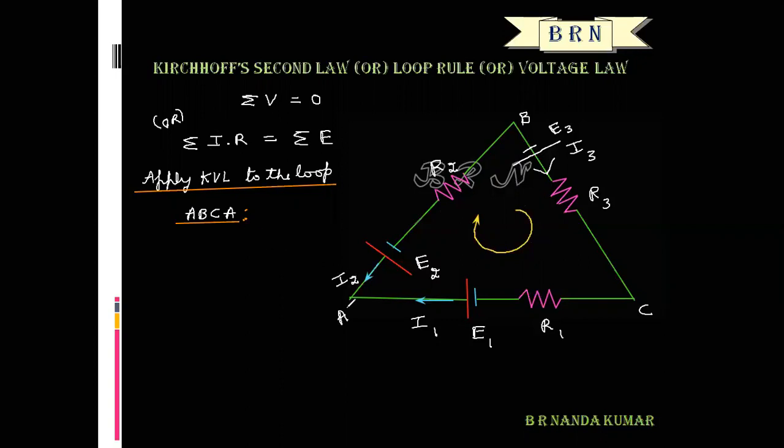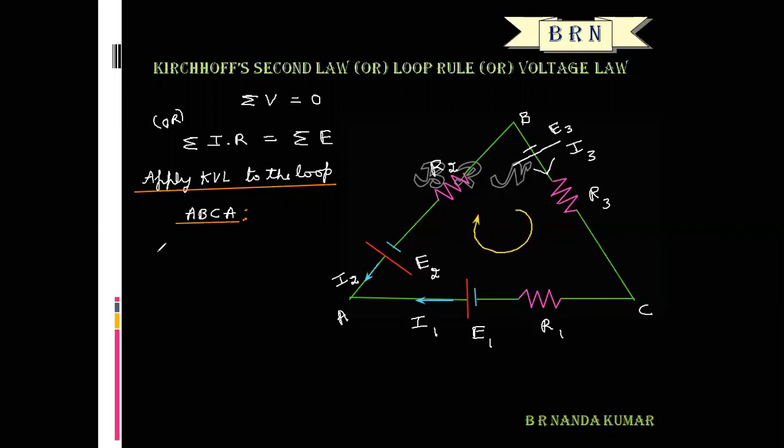So here the first branch is AB. The indication is clockwise, and the current flowing in the branch BA is anti-clockwise.